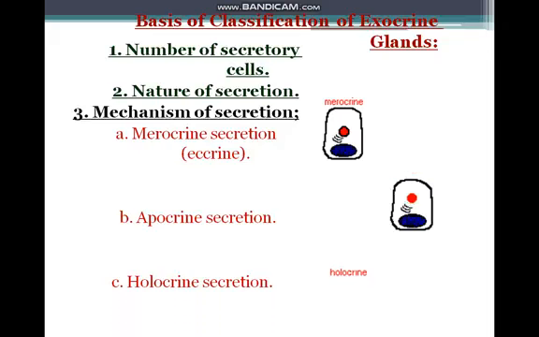In the holocrine secretion, the whole cell is pinched off due to discharge of its secretory product into the duct system.